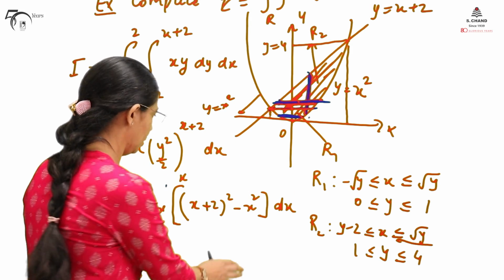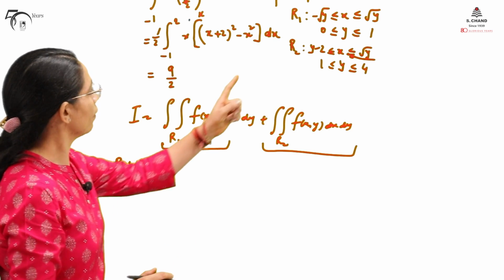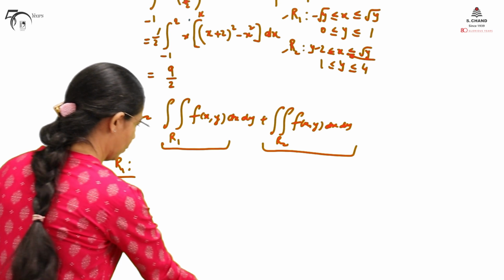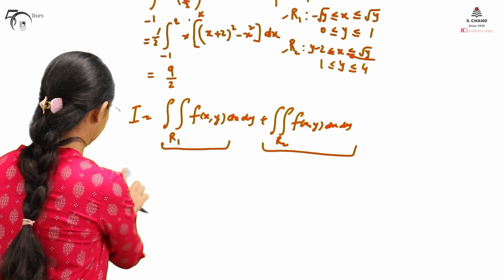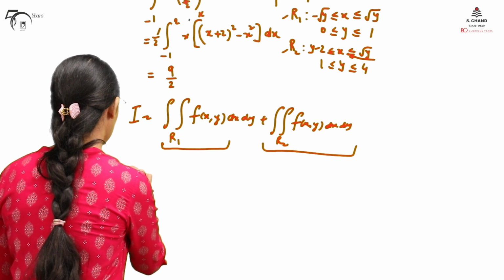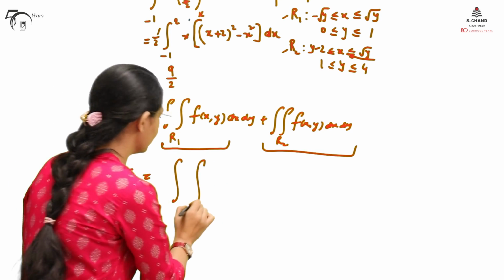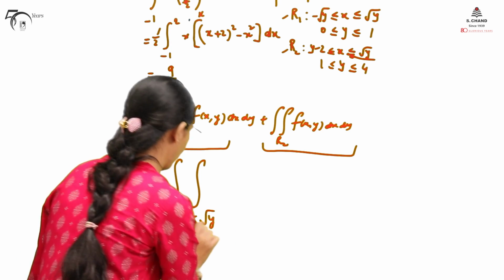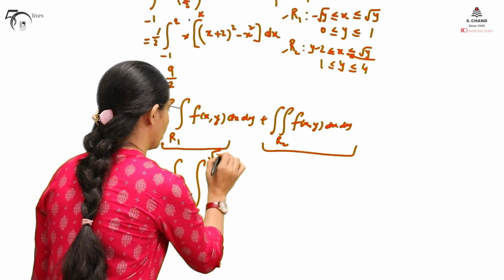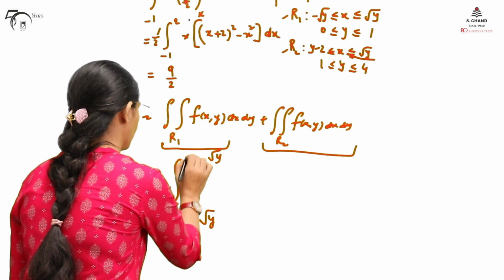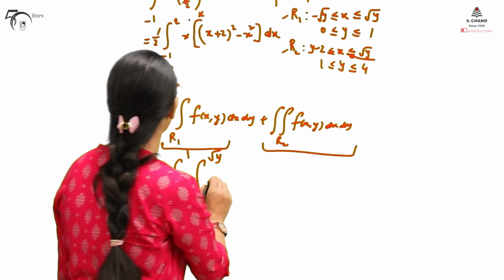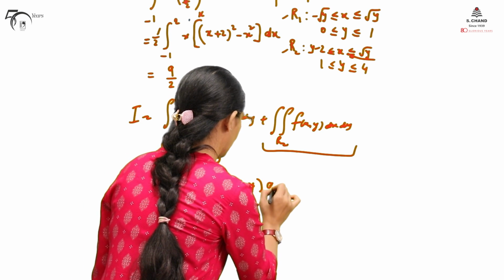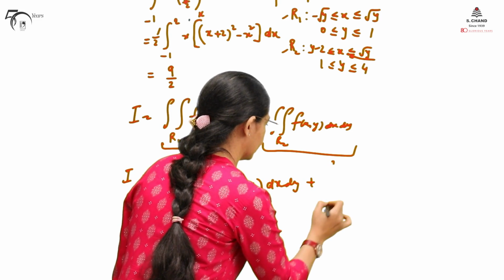So for R1 we have written the limits here, and for R2 we have written the limits here, and therefore this I can be calculated as: we will be writing down the limits for x from minus under root y to under root y, and y is from 0 to 1, and the function is given as f(x,y) dx dy, plus.